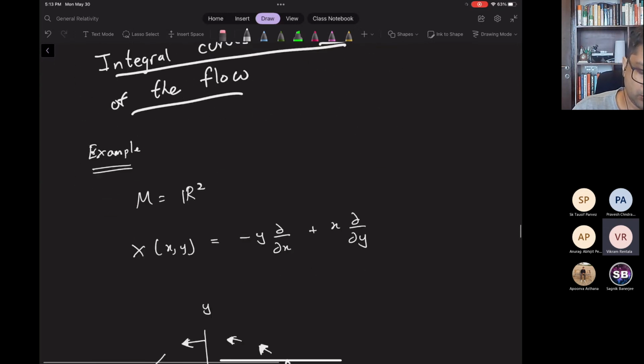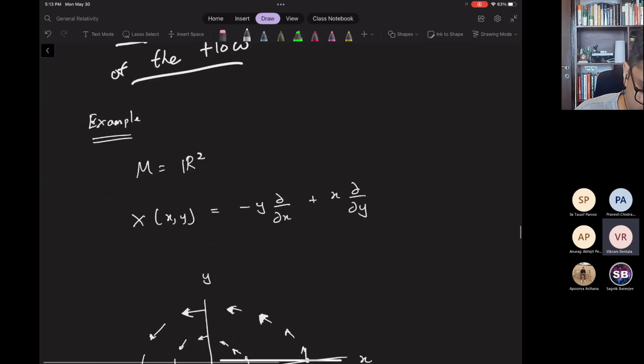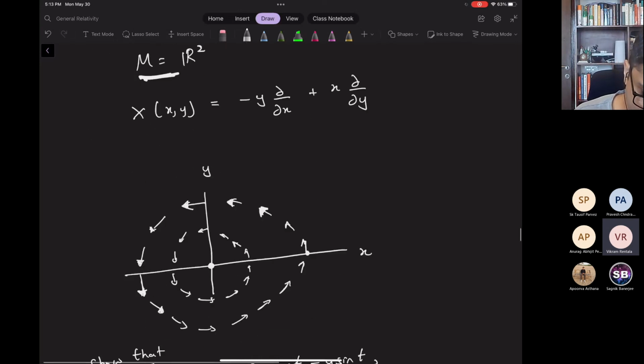Let me give you an explicit example to make this clear. Let's take M to be R2. So M is the manifold R2 on which I can assign the coordinates x and y. And I'll give you this vector field X, which is given by minus y partial partial x plus x partial partial y. If I try to represent this in a diagram, I will give you something like this.